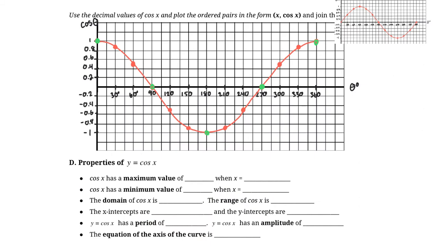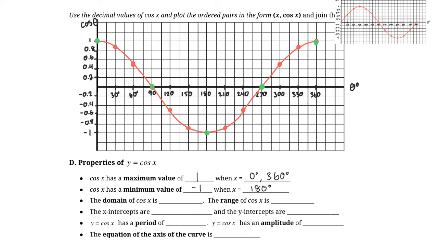Now let's determine some of the properties of the cosine function. So cos x has a maximum value at 1, just like our sine function, but this is when x is at 0 degrees and at 360 degrees. And it has a minimum value of -1, and this is at 180 degrees.